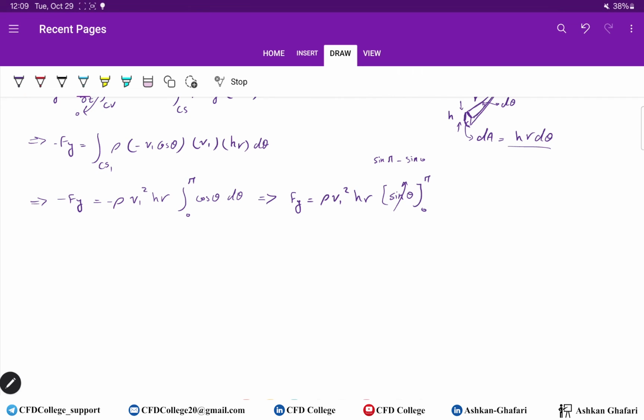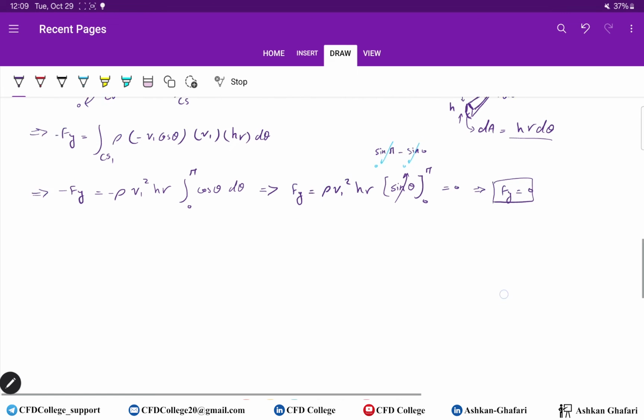Both are zeros, so this is 0 and this is 0. So this equals 0. So Fy, as we expected, is equal to 0.